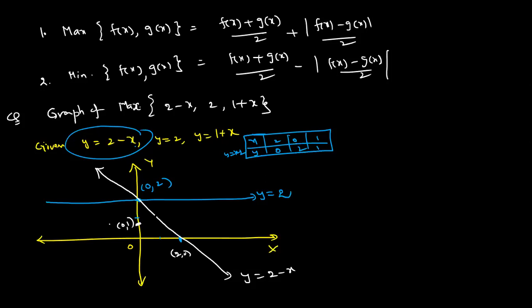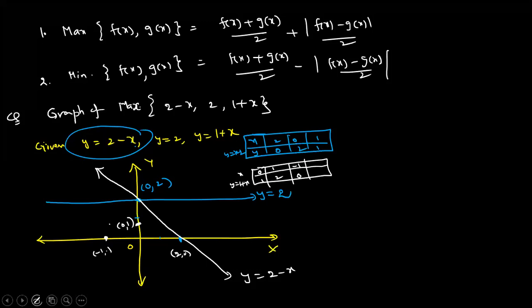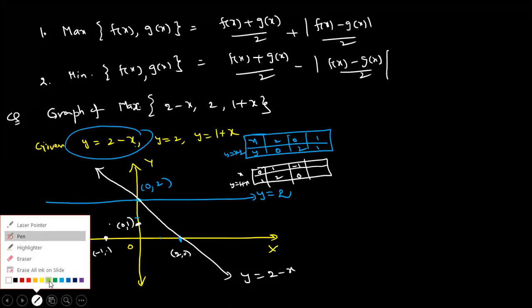Okay. Simple here. y is equal to 1 plus x. x is 0 means y is 1. x is 1 means y is 2. x is minus 1 means y is 0. What are you observing? Passing through minus 1, 0. Then how to draw this picture?